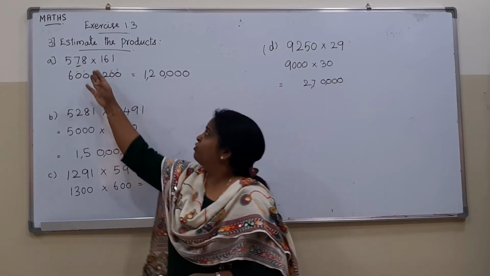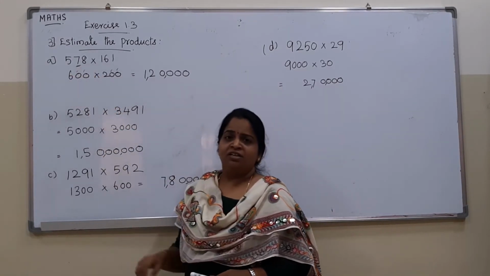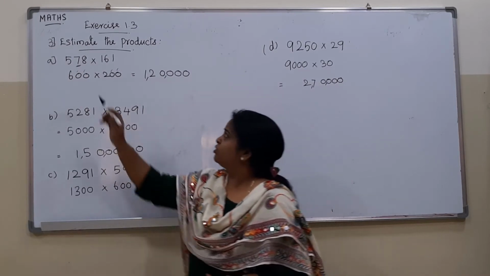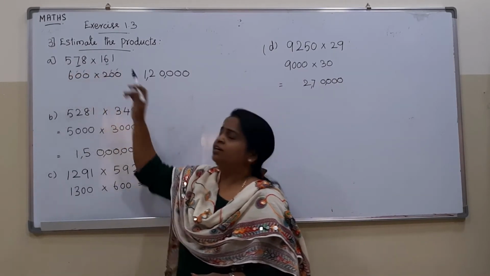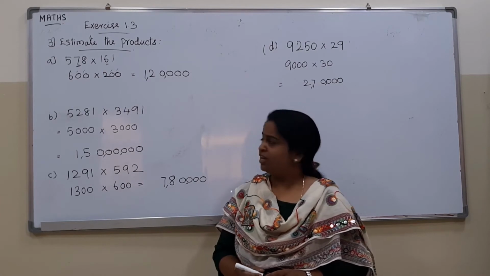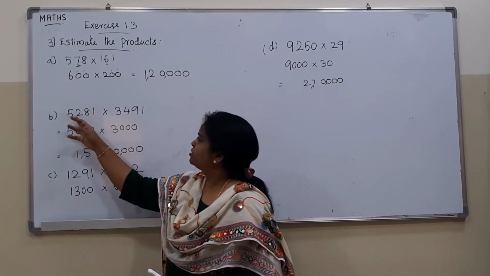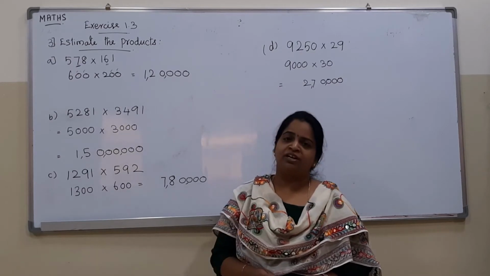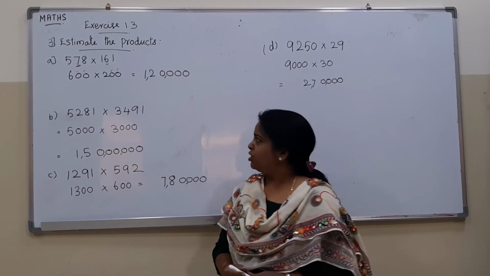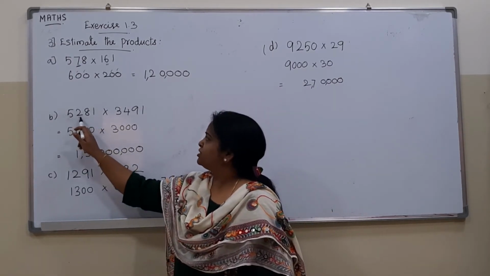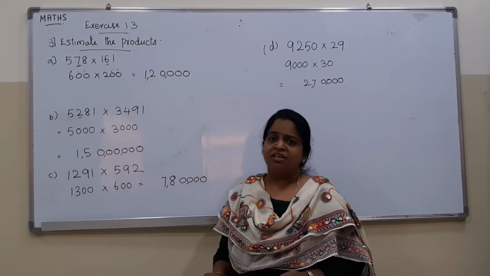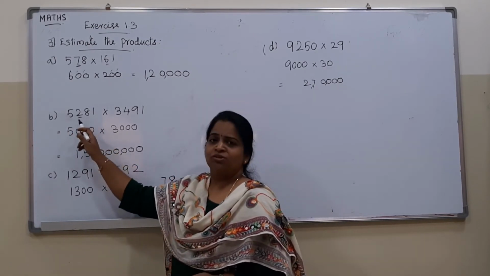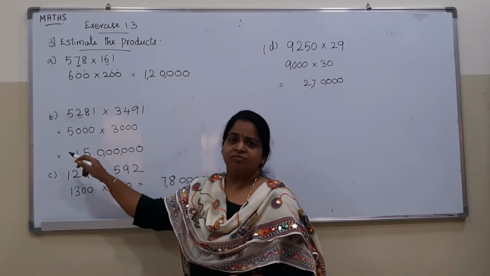Okay, you are rounding off near to the 100. 100 means you have to check the number in the tens place. Okay, here 5,281 into 3,491. So this is 5,200. Check the number in hundreds place. It is 2. So I wrote 5,000. Okay.